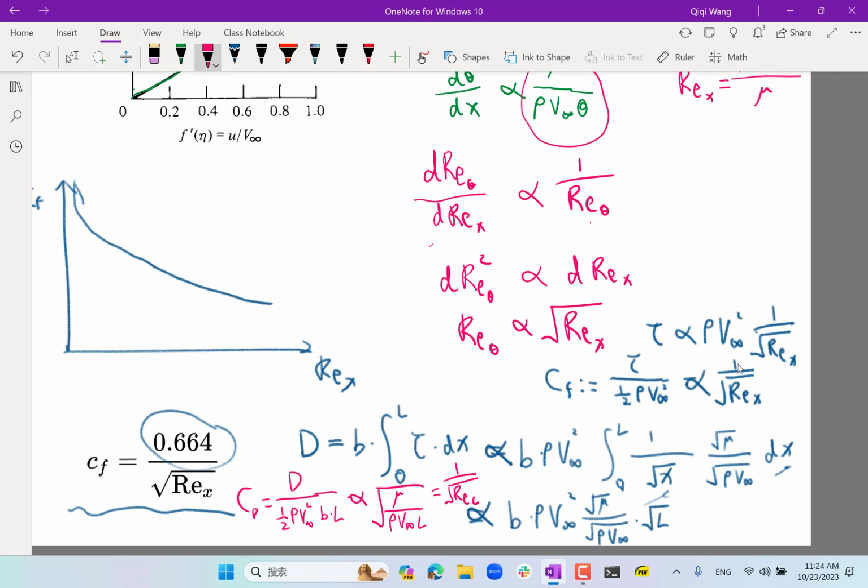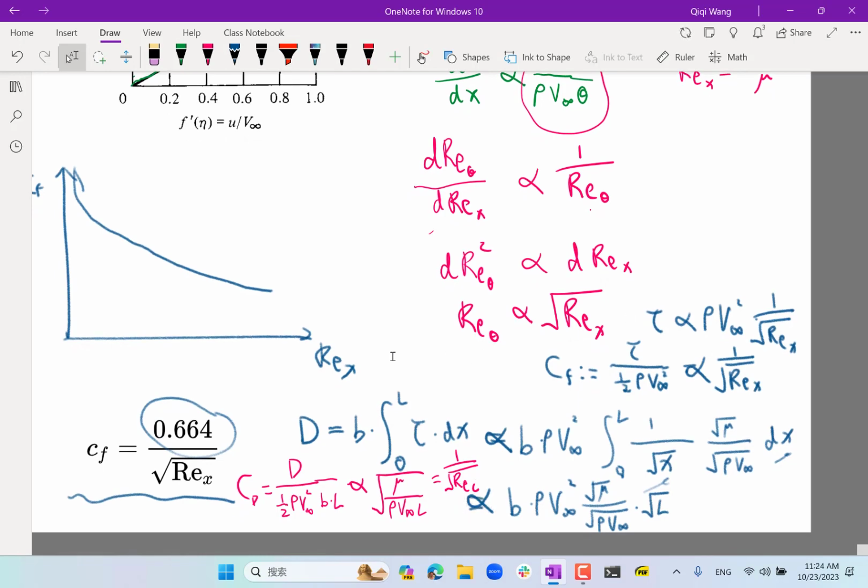So the skin friction drag coefficient on the flat plate also follows a 1 over square root trend if we non-dimensionalize the length of the plate in terms of Reynolds number.